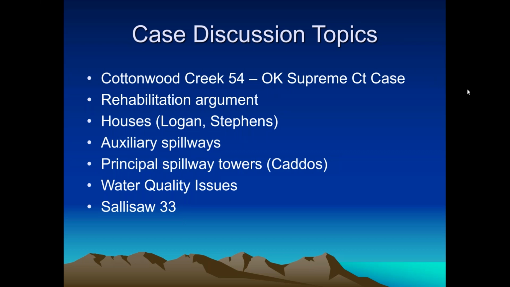Also, we've had several issues where houses have been built below a flood control structure that was not a high hazard structure. I listed Logan and Stevens beside this listing. Stevens County is one where we had 2 homes that were moved in below the dam, and the district had to contact their DA and work to get those houses removed. Logan County is an ongoing case that we have going on in Oklahoma right now.